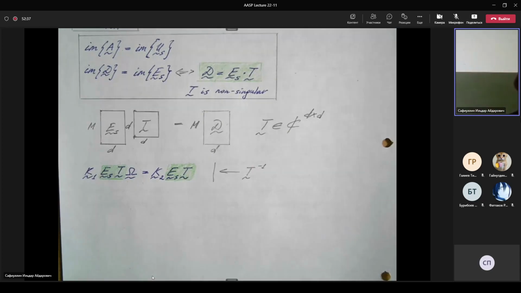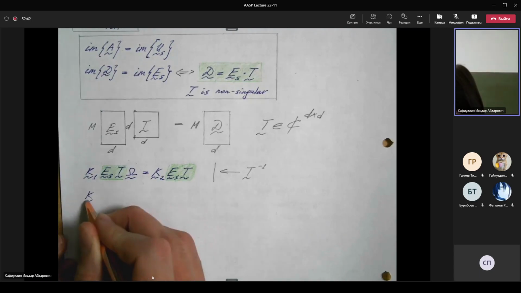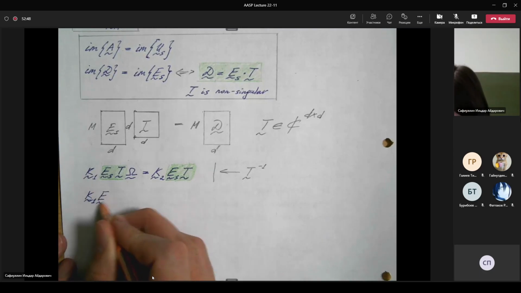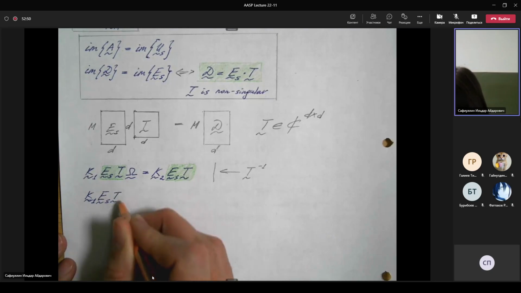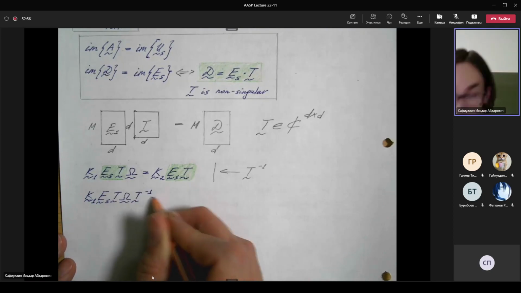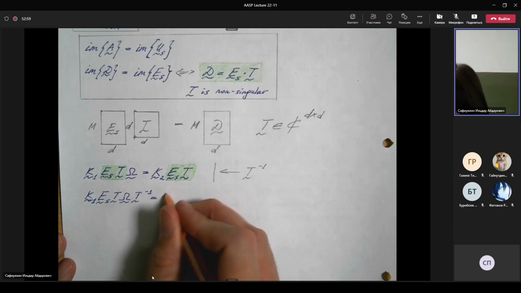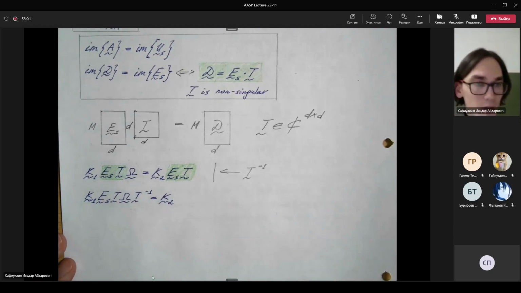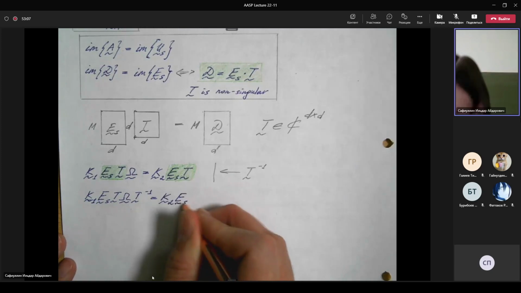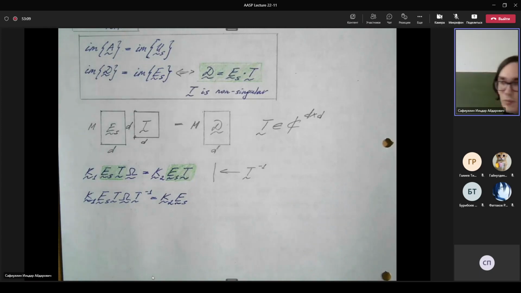In this case, we will have selection matrix 1 times E sub s times T times omega times inverse of T. And from the right side, selection matrix number 2 times E sub s. If I'm not mistaken, we did something like this also for standard ESPRIT.